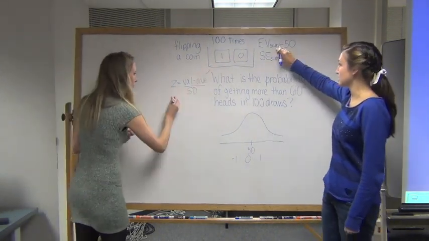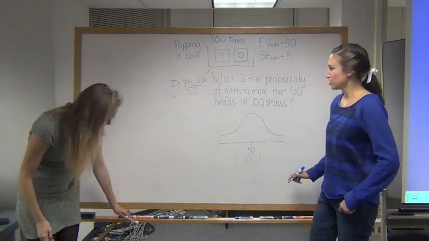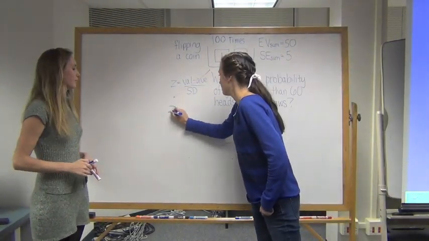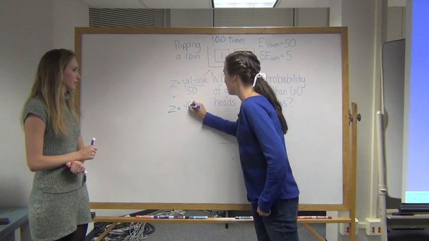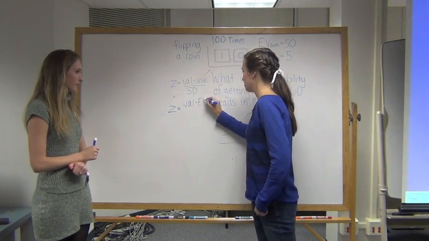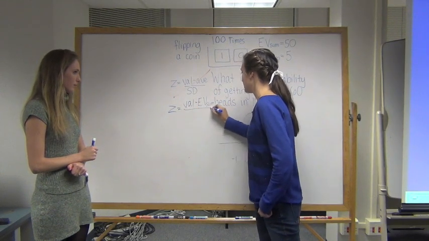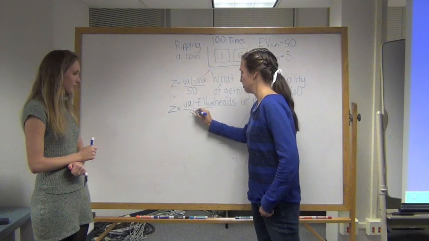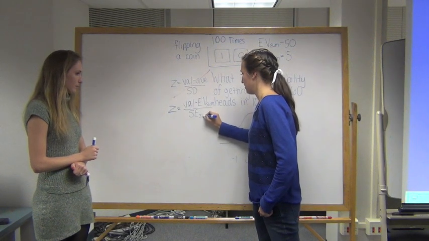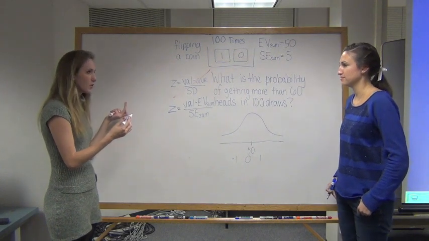All we're going to do is replace the average with the expected value, so we have value minus the expected value of the sum, and then replace the standard deviation with the standard error of the sum. So this is what we're going to use to convert to z-scores now.